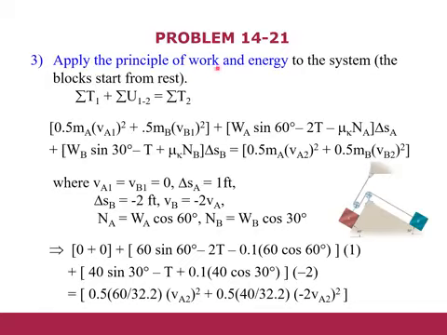Now let's apply the work energy principle. This is our system which has two particles, right? So we will include the initial kinetic energy of A and B, the forces applied on bodies A and B, and finally the final kinetic energy of A and B. Here is our equation.